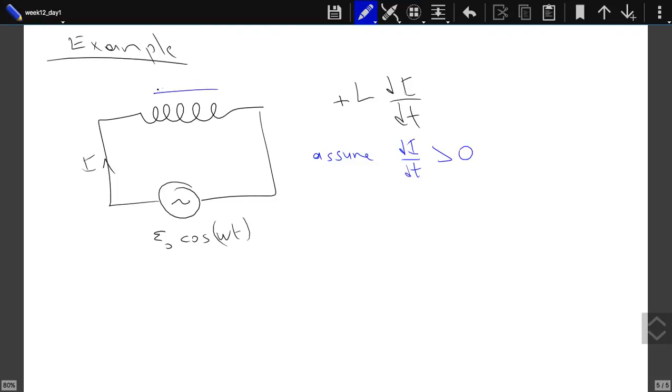That is, this is the positive, this will be the negative terminal if we use the analogy with the battery. That means there is a potential drop as we go from this point to this point. A potential drop is L dI by dt, a positive drop. L dI by dt is a positive number, so it's positive. And then plus the EMF source.